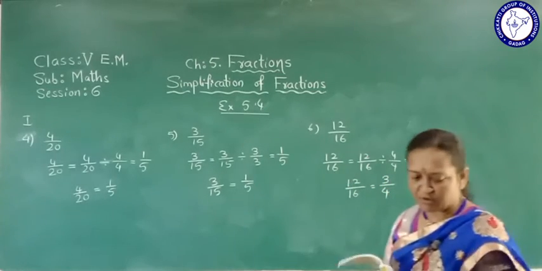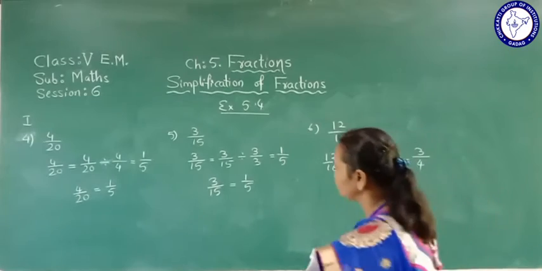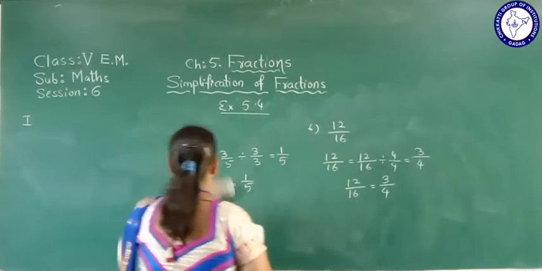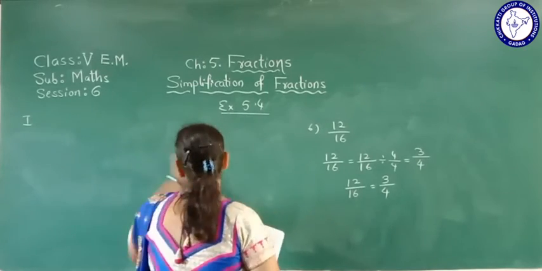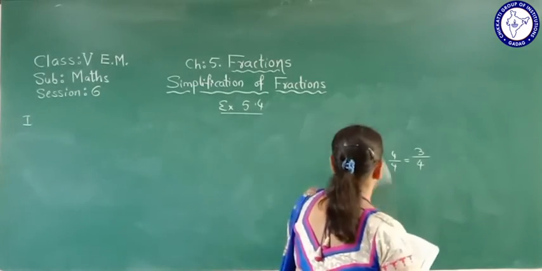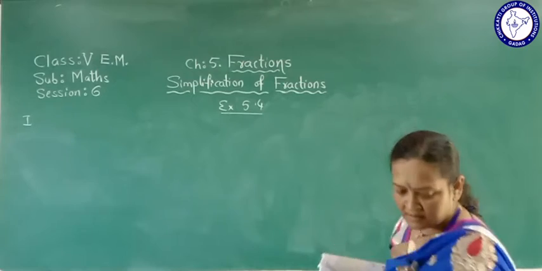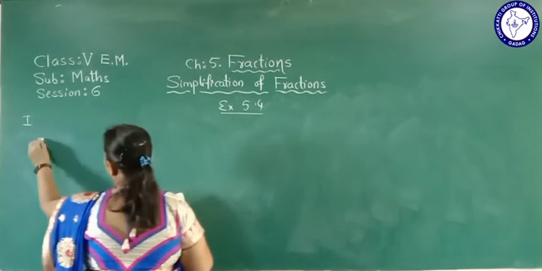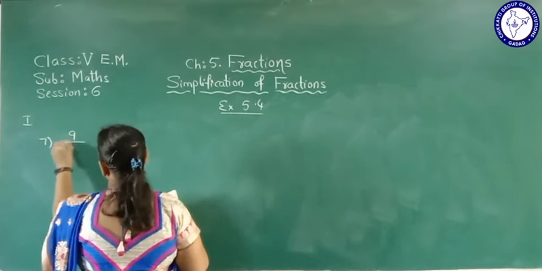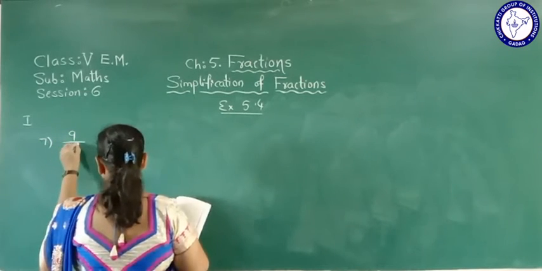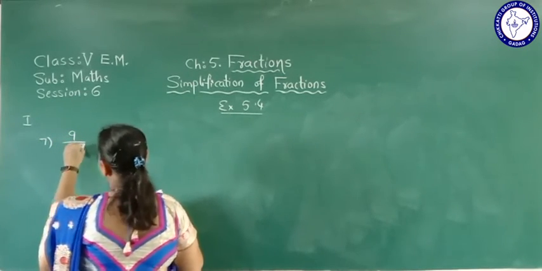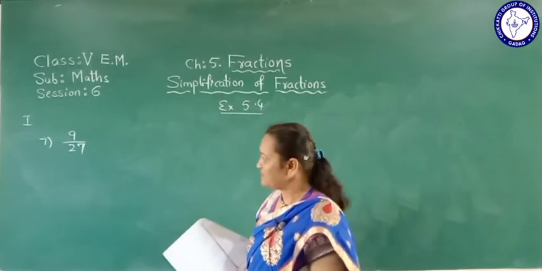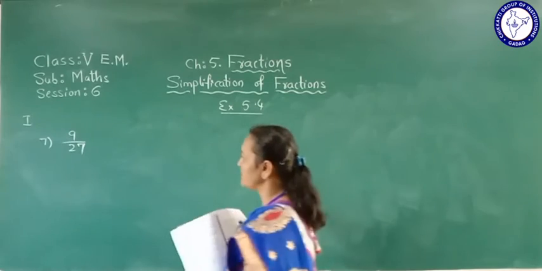Then let me go to the seventh question. Seventh one. So children, you feel like playing with numbers, isn't it? Both numbers, in which table we find them, and then we divide and reduce to the simplest form, as if you are playing with the numbers.